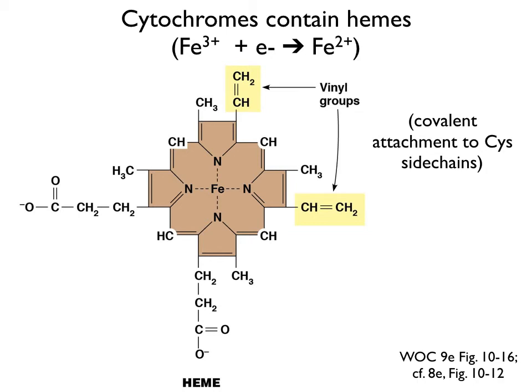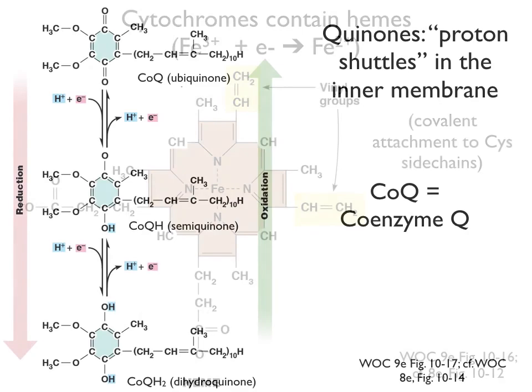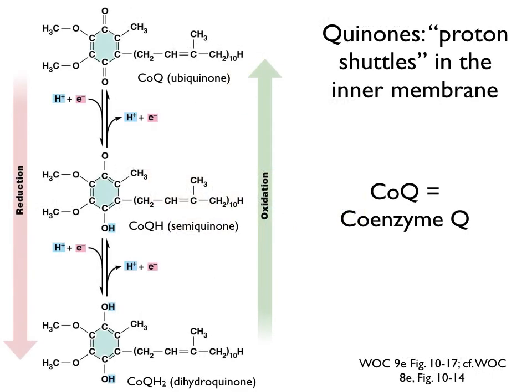And the other molecules are fairly similar. So here, for example, are quinones. Coenzyme Q is one of these quinones, and you can see that it can actually be in two different redox states via electron transfers. Starting at the top, coenzyme Q, which is also called ubiquinone, can pick up an electron to become partially reduced.